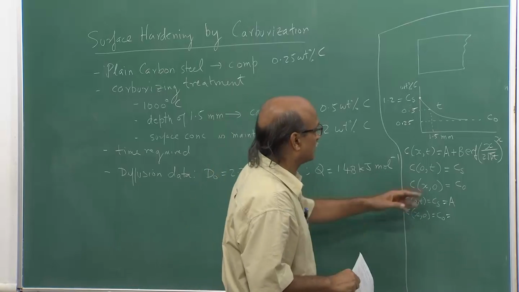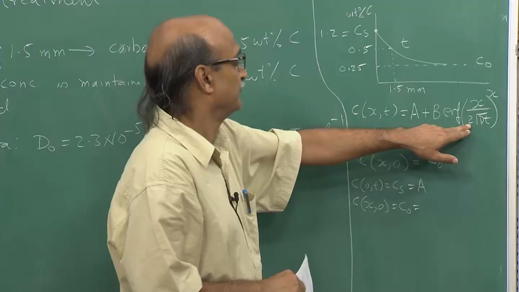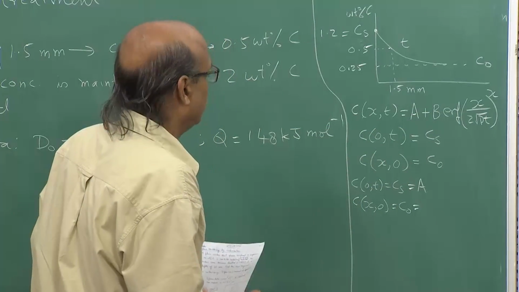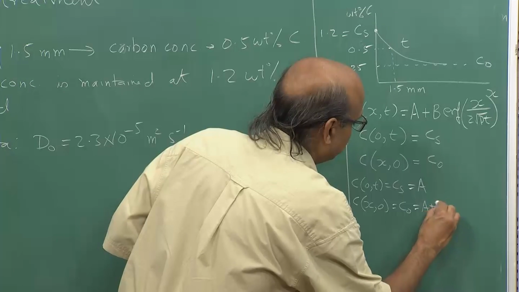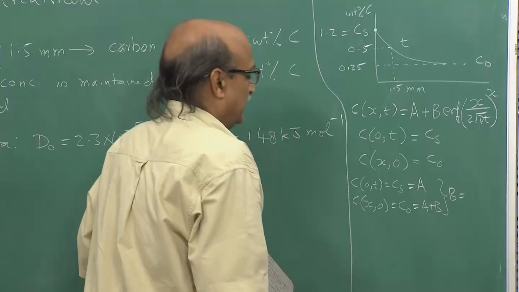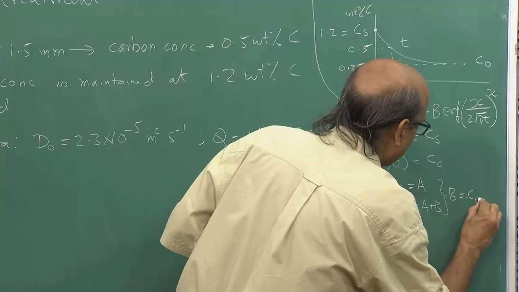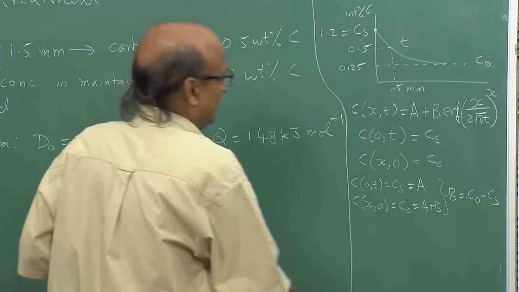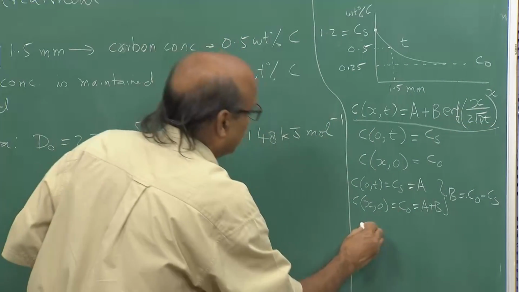So, when I substitute t equal to 0, I get error function of infinity. Error function of infinity is 1, hence C0 is equal to A plus B. From this, I will get B equal to C0 minus Cs.